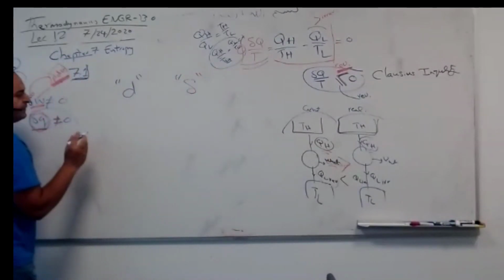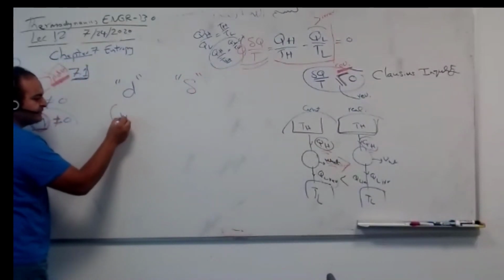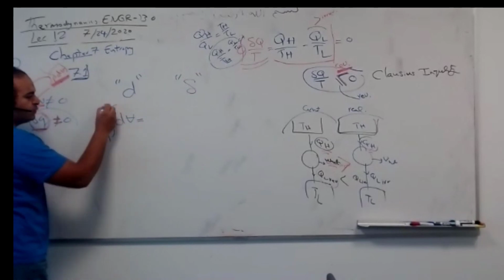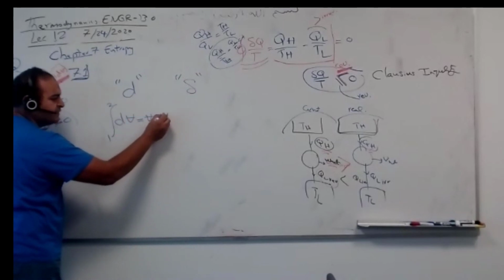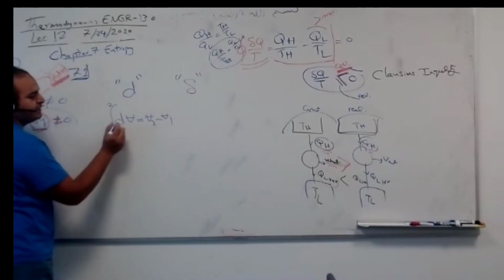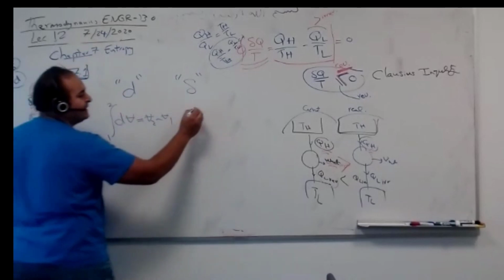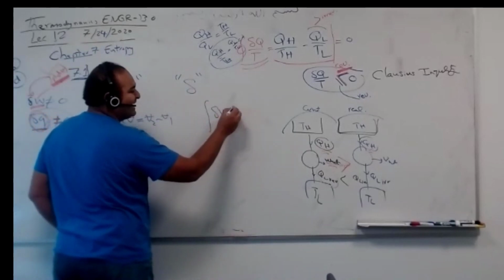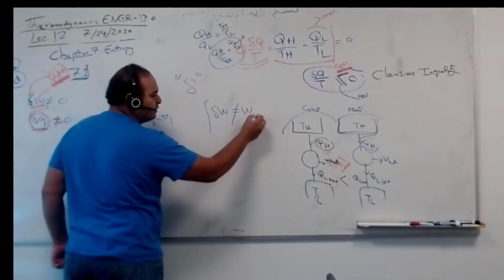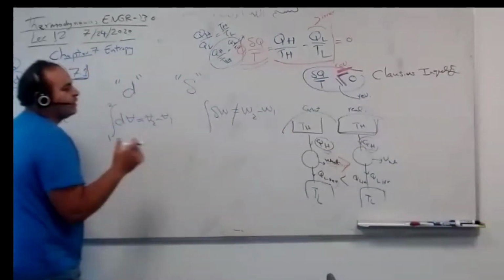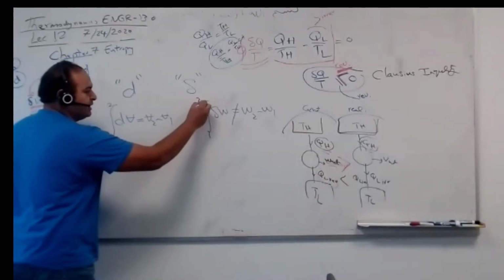We said it before. If you have the integration of dV between 1 and 2, it's V2 minus V1, because integration of 1 is V. But the integration of delta W does not equal W2 minus W1, because W is not a property. This is correct or not, guys?